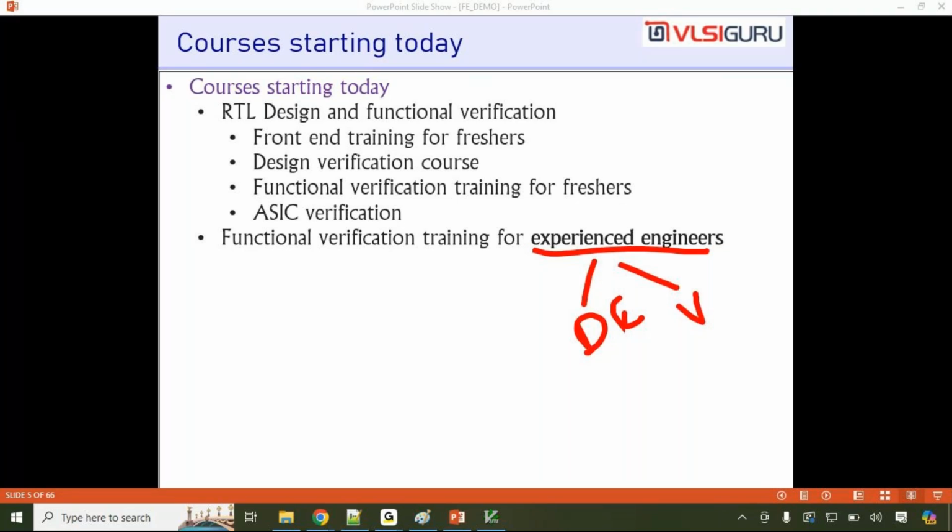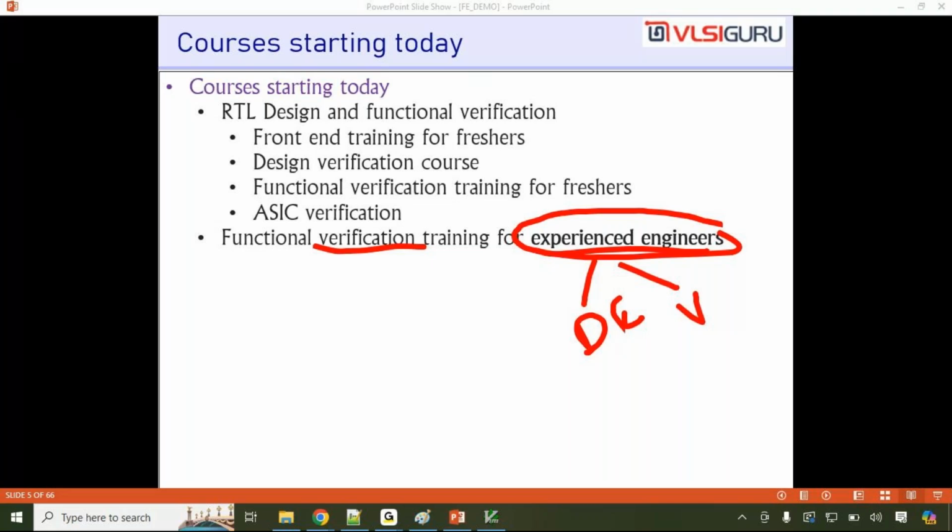Let's say functional verification starts from reading the specification. You take a document called specification till we do the coverage closure. What coverage is, we'll discuss as we go forward. For now, it starts with reading the specification and goes till coverage closure, what we call functional coverage, code coverage closure.